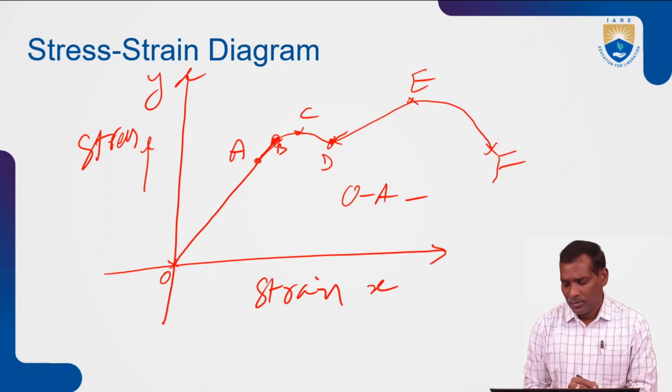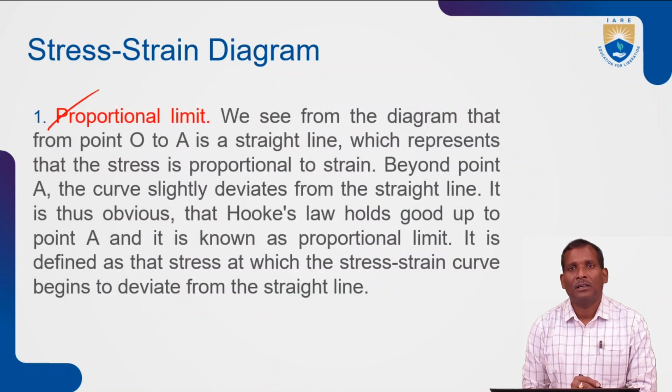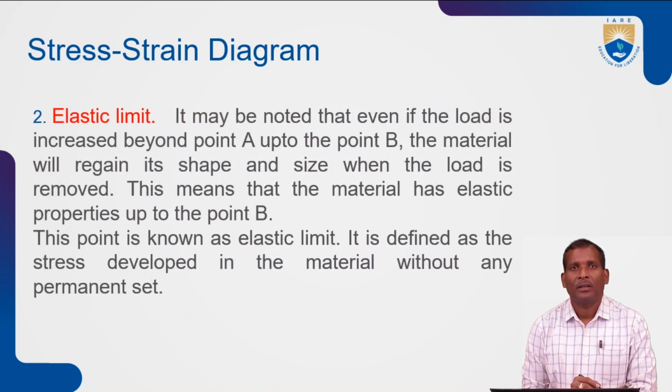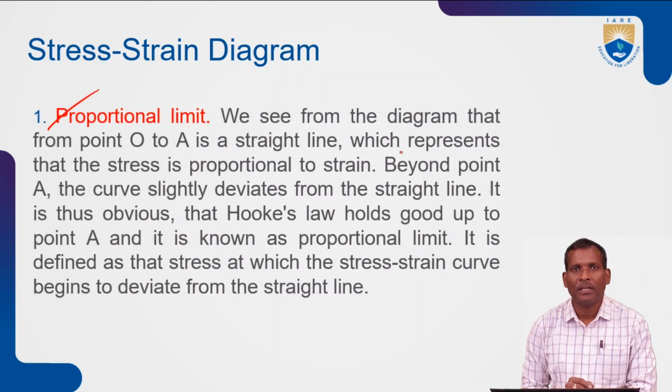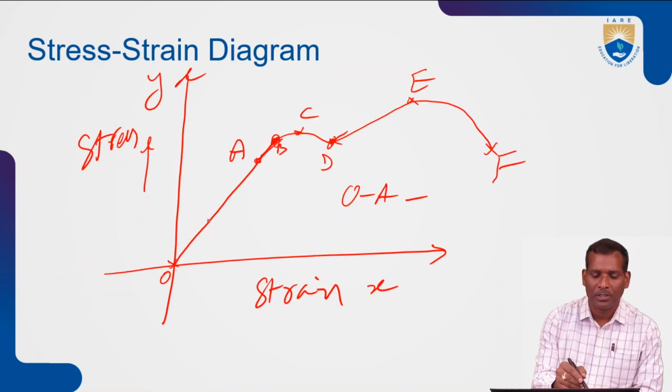Up to B is called the elastic limit. So it may be noted that even if the load is increased beyond point A up to the point B, up to A is the proportional limit.